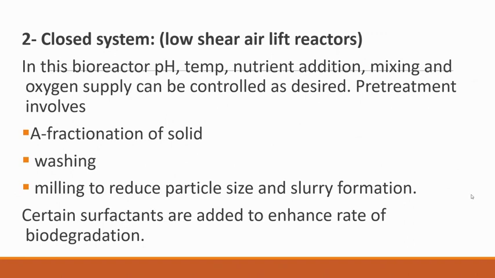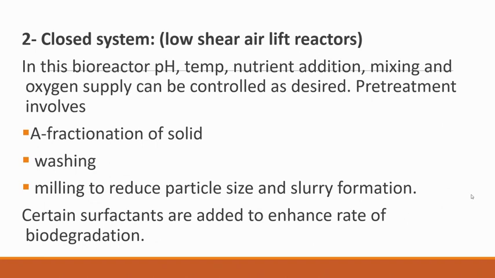In the bioreactor, the pH, the temperature, nutrients, everything is mixed. It's a closed system. Okay, and sometimes we even have to mill the pollutants to reduce the size, so that the organisms can easily degrade them. And sometimes you can add surfactants, so that some of the oily ones can be dissolved and have better contact with the organism.